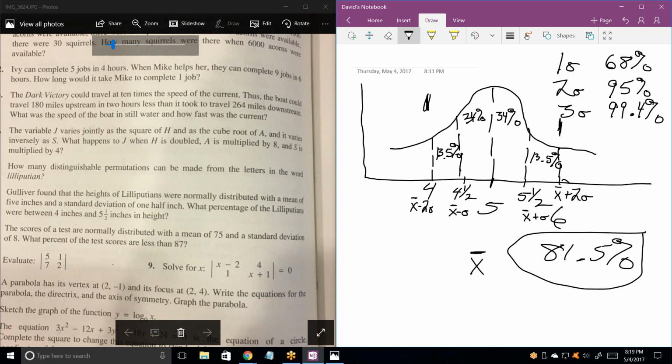From 4.5 to 5.5, it's 68%. But what makes 4 to 6 be 95% is that from 4 to 4.5 is 13.5%, and 5.5 to 6 is 13.5%, and you add all of those together. Exactly. If they asked, what percentage of the people are between 4 and 4.5 inches high?